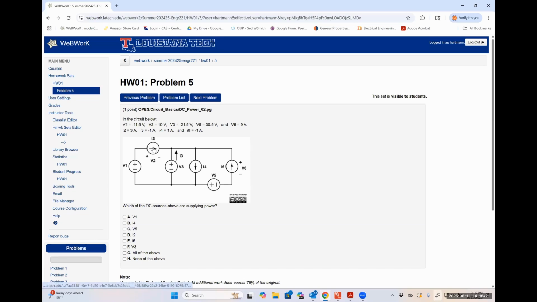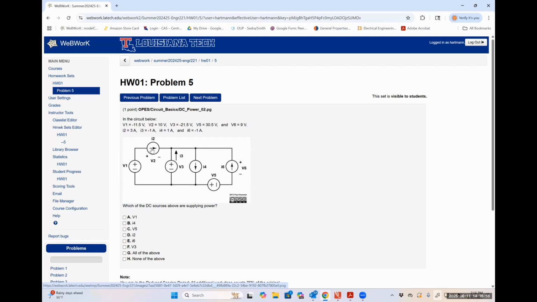Now let's look at this current source I2. So the current is flowing into the positive polarity terminal. So what we want is for negative I2 times V2 to be positive. Another way to think about that is that we want one of either I2 or V2 to be negative, okay? So since V2 is a positive quantity and I2 is a positive quantity, that guy is absorbing positive power, which is not what we want.